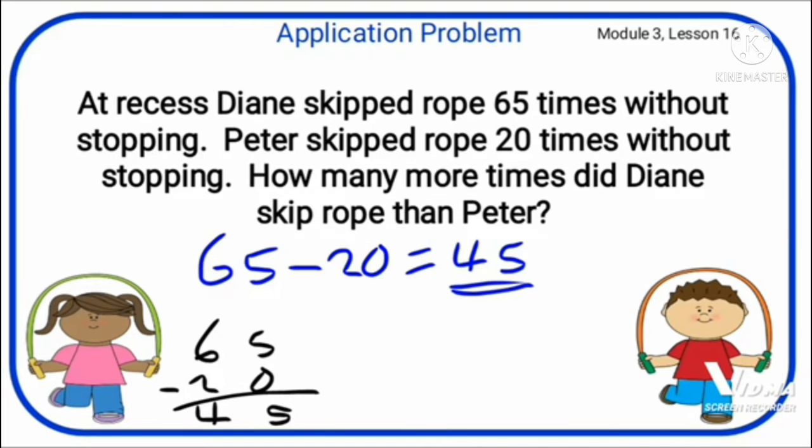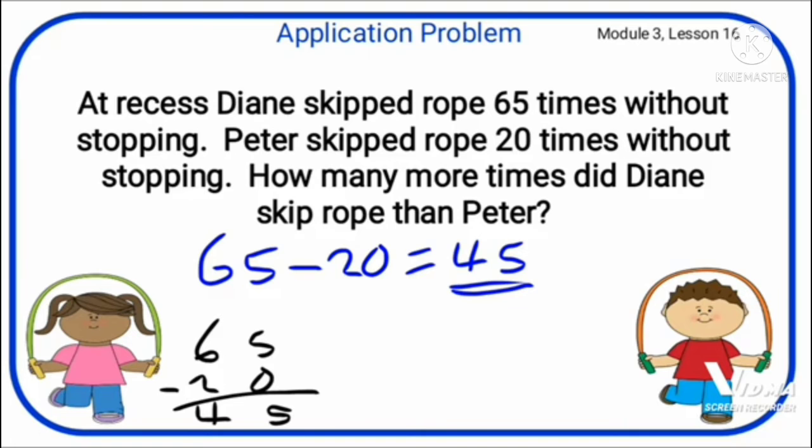Diane skipped rope 65 times. You can draw bundles of 10 and 5 ones. And then Peter skipped rope 20 times. You can draw 2 bundles of 10.